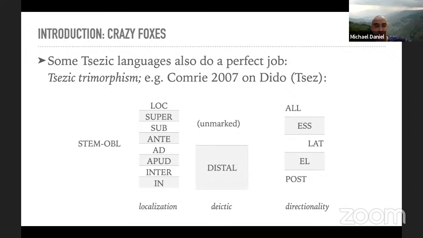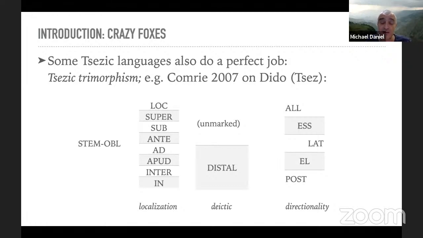So there would be a difference between saying under this stone here and under that stone over there, inside the spatial morphology, between the localization and directionality. So something comes in between these two categories.